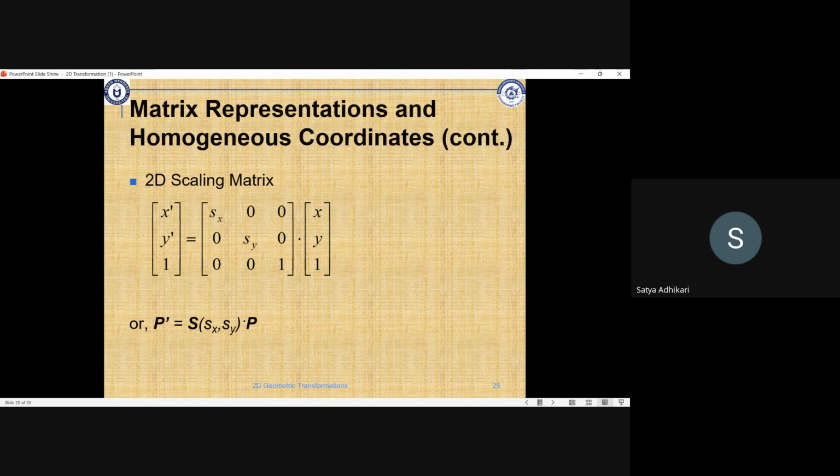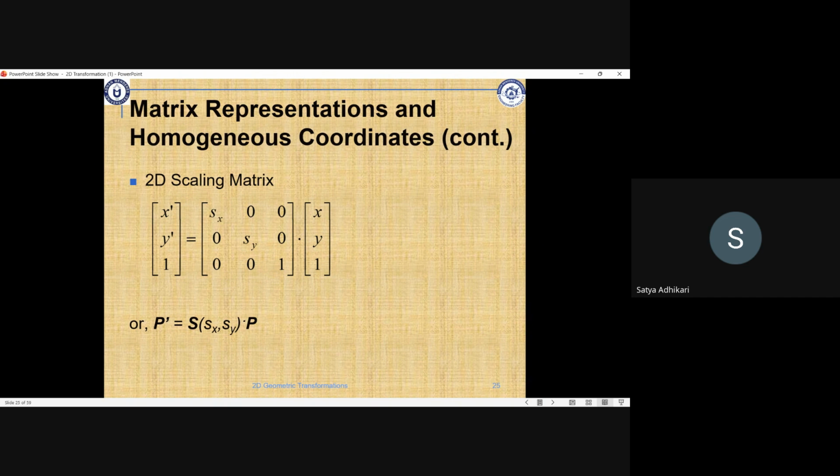Similarly, you see, 2D scaling matrix. Please recall in case of non-homogeneous coordinate or 2D matrix, we have Sx 0, 0 Sy. The scaling matrix was Sx 0, 0 Sy.